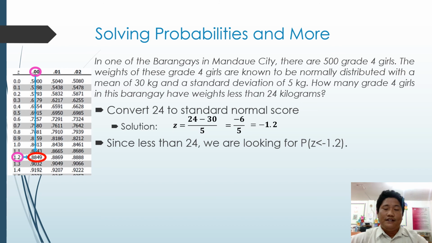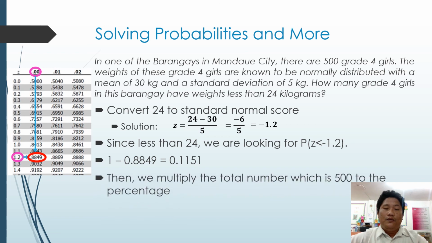So we have here 0.8849. Since our condition is under the second condition, we subtract 0.8849 from 1. So 1 minus 0.8849 is equal to 0.1151.